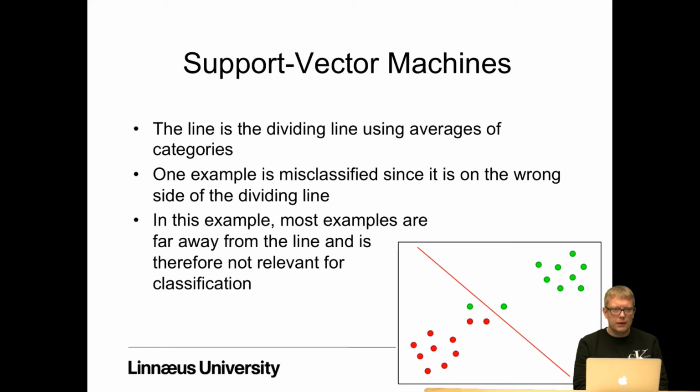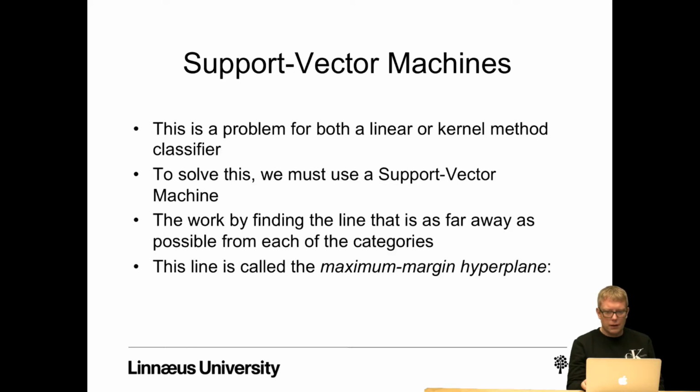And one example here, a green example, is misclassified since it is on the wrong side of the dividing line. And in this example, most training examples are very far away from the line and are therefore not relevant for classification. And this can be a problem for both a linear or a nonlinear kernel method classifier. And to solve this, we must use a support vector machine.